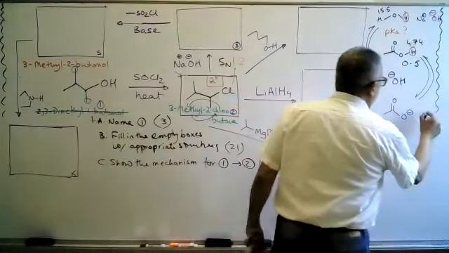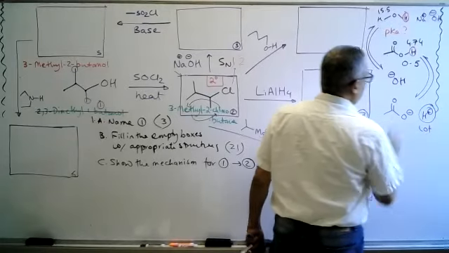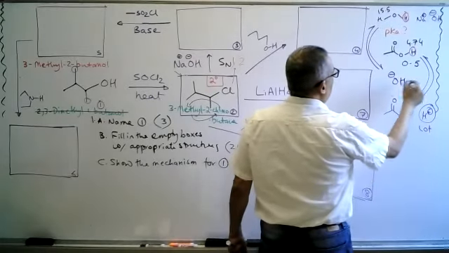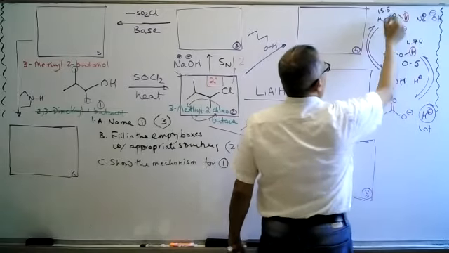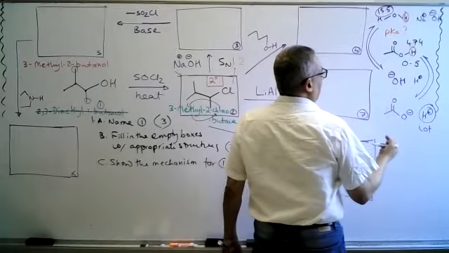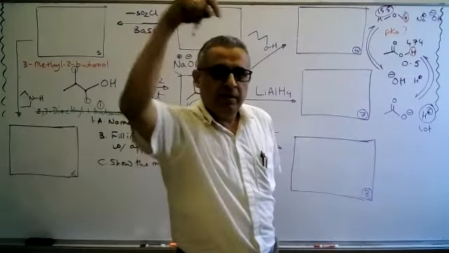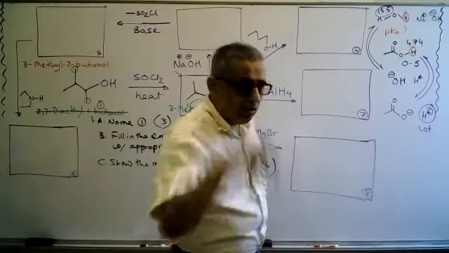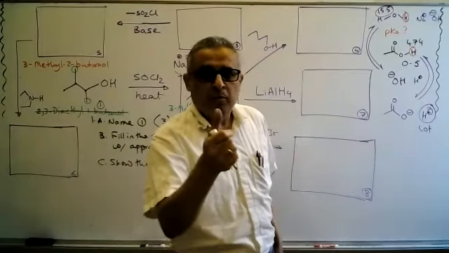You make a lot of proton here because it's a strong acid. You make only a little bit of proton here because it's a bad acid. Why is it a bad acid? Because higher pKa. This is lower pKa. Lower pKa, stronger acid. Greater pKa, worse acid. Worse acid makes less proton.